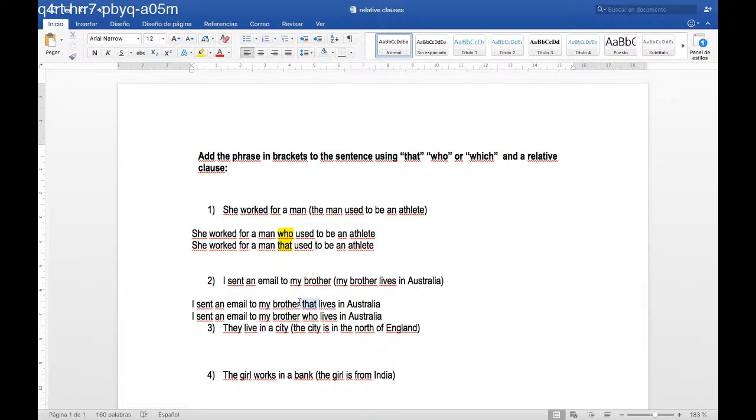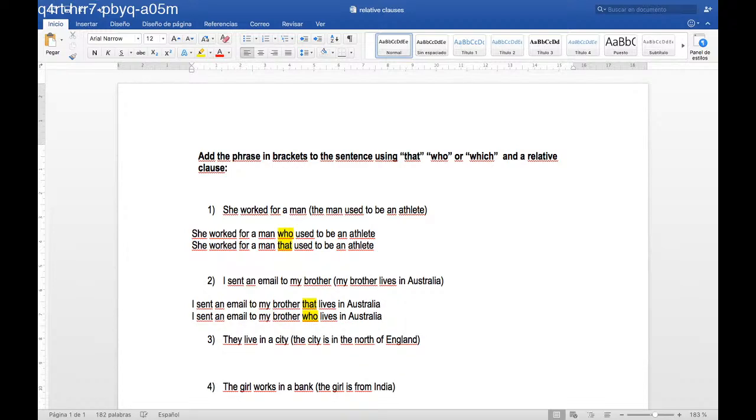And this clause helps me to avoid the repetition of my subject, my brother. So I won't use my brother again because these elements help me to join two sentences into one using the correct relative pronoun.